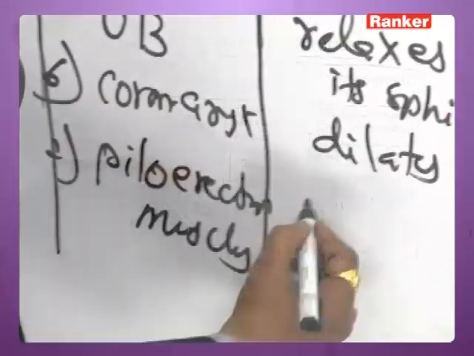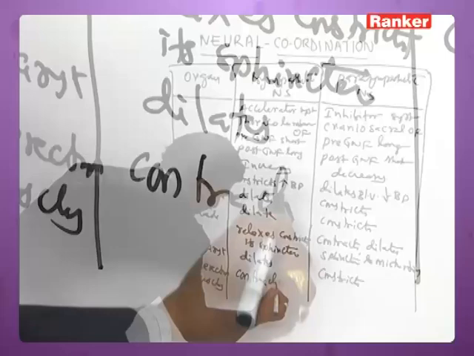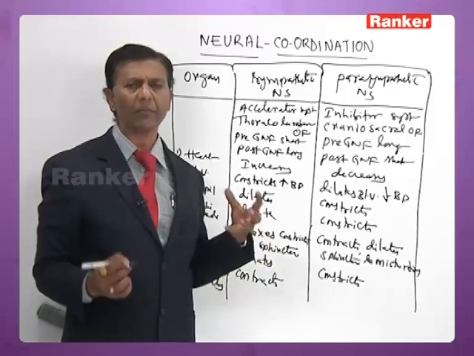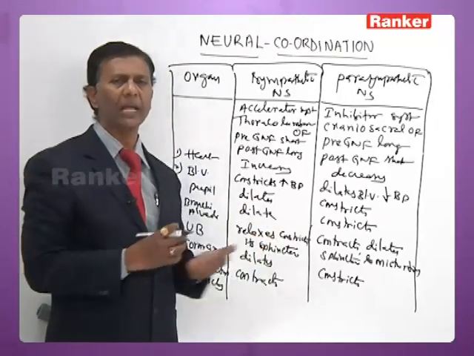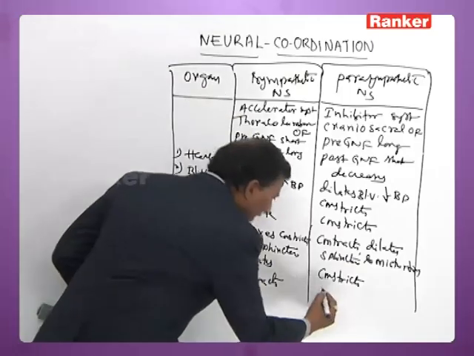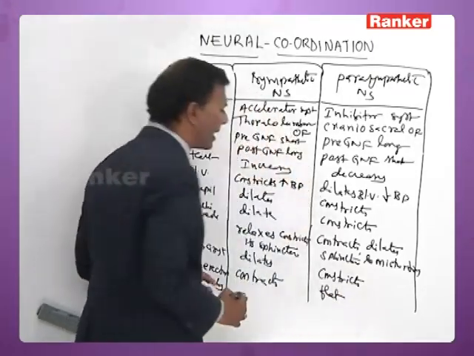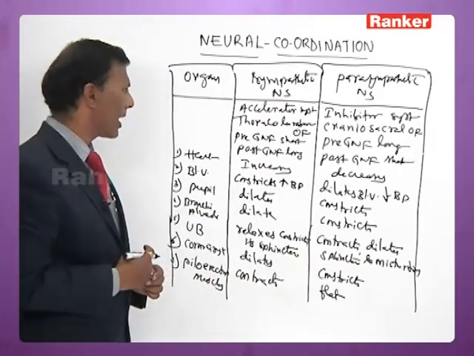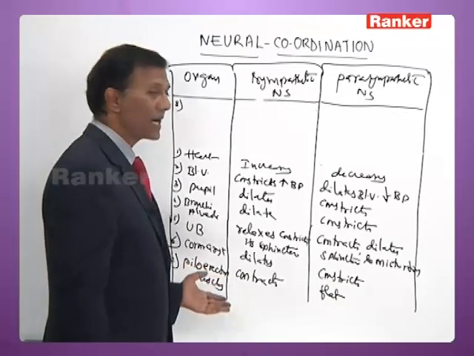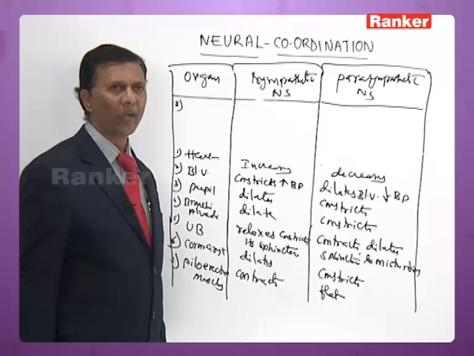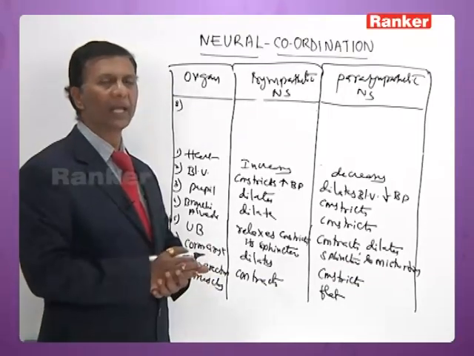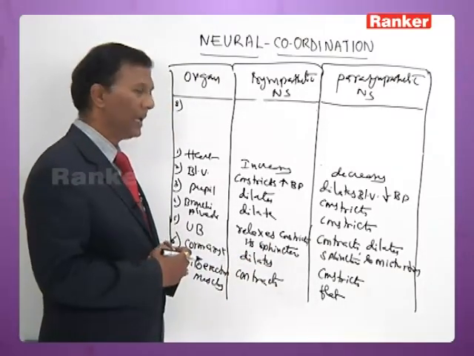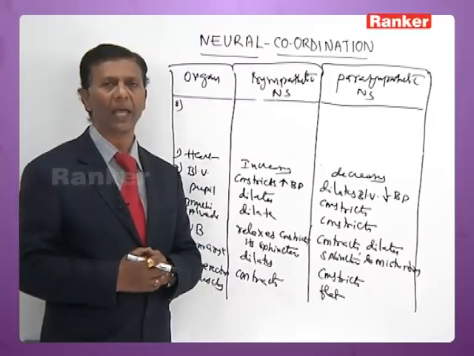The sympathetic system makes these muscles contract and thereby brings about piloerection. The normal condition is restored by the parasympathetic system by making the hair flat.